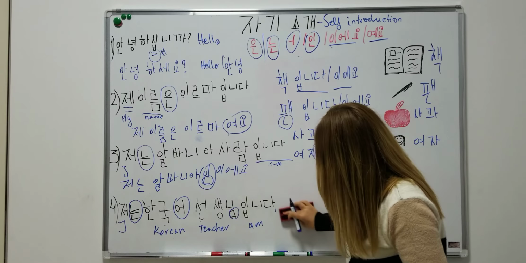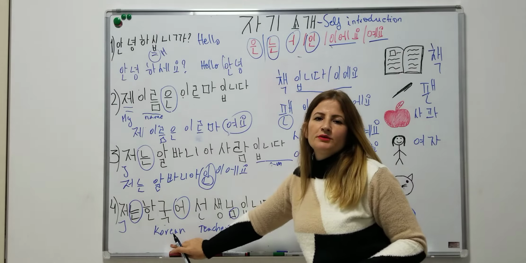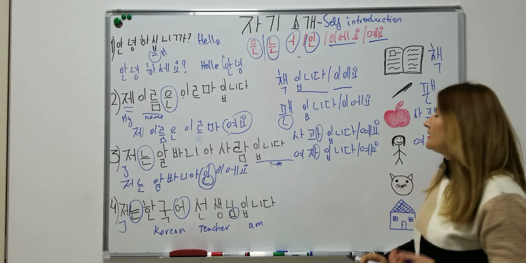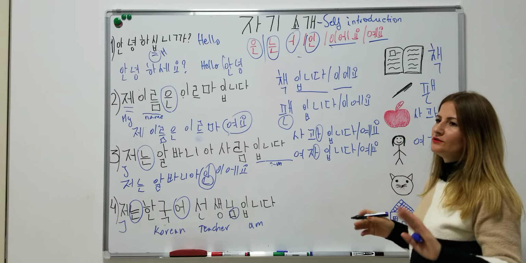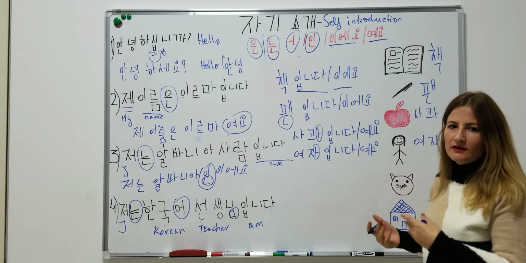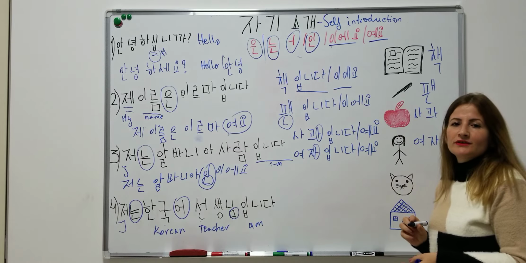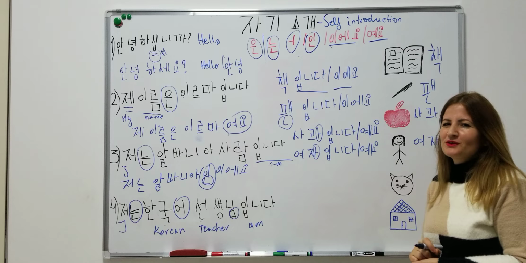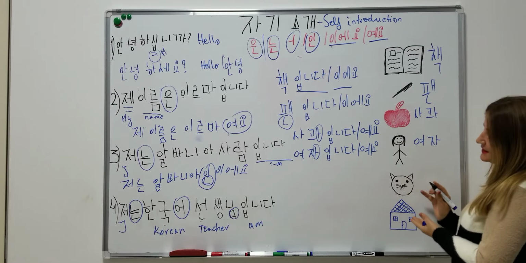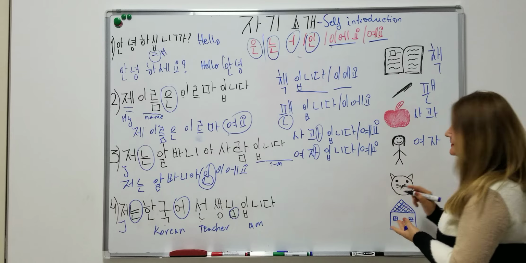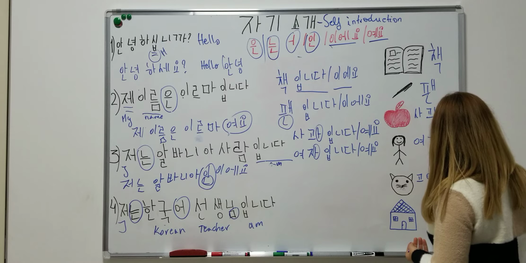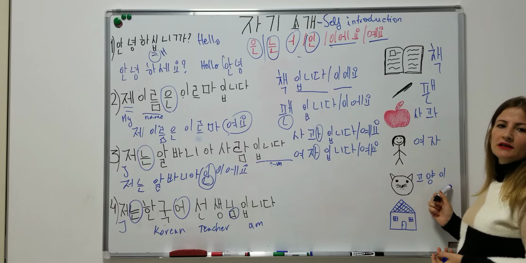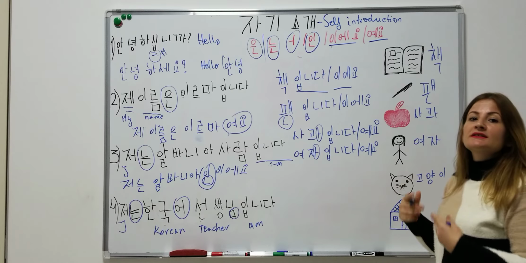And, do you guys like animals? I think so. Especially in Asia, everybody has a pet in their house. Also in our country now, it's becoming a very usual thing. People have pets. I used to have a cat, a very beautiful one. So, this is a cat, in case you didn't notice. 고양이. 고양이 means cat.